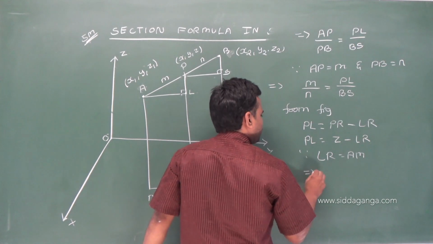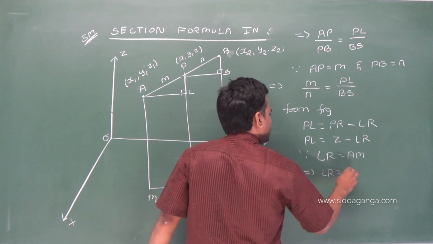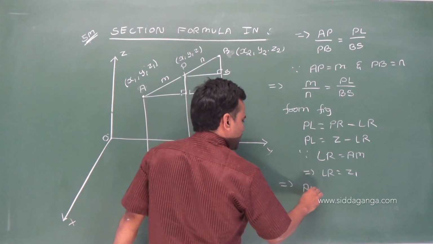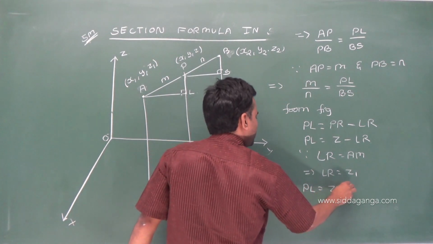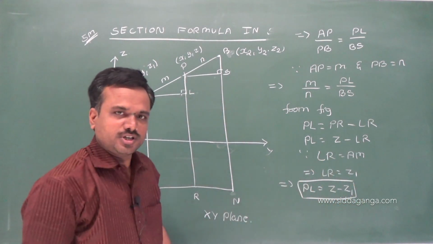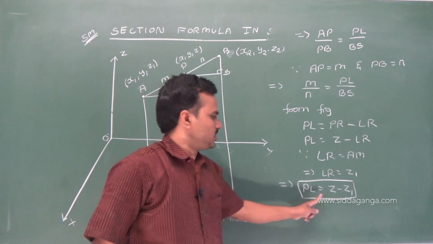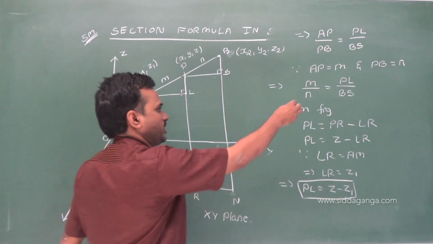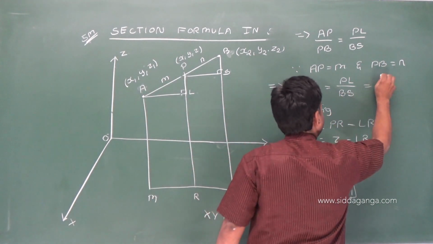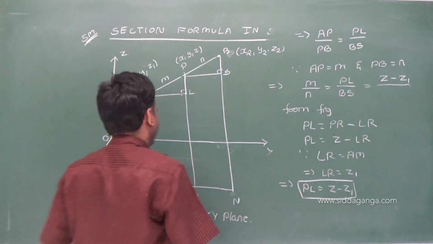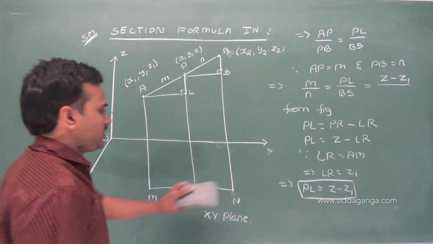So that implies LR is equal to Z1. PL is equal to Z minus Z1. One value we got. We substitute here. PL is Z minus Z1.